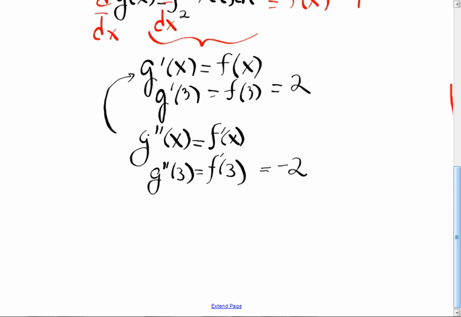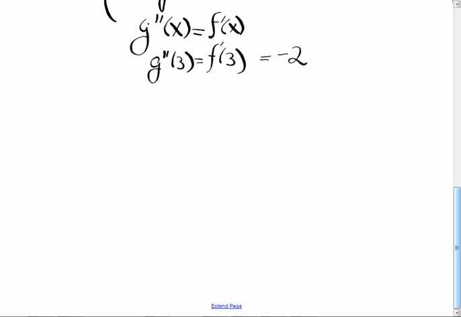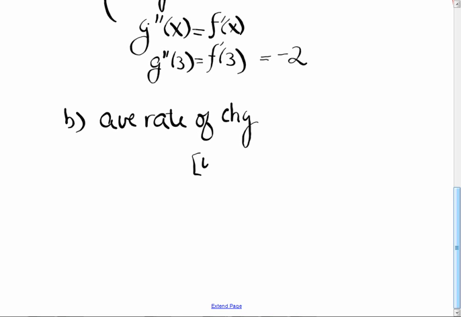Find the average rate of change, not the average value of the function, the average rate of change from 0 to 3. How do you find average rate of change? It's the slope, just the slope using those endpoints.